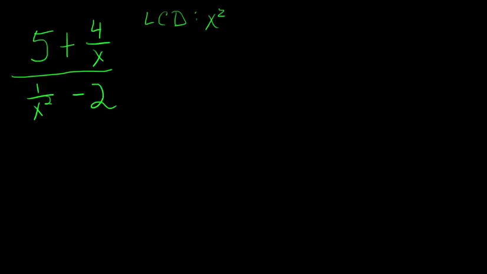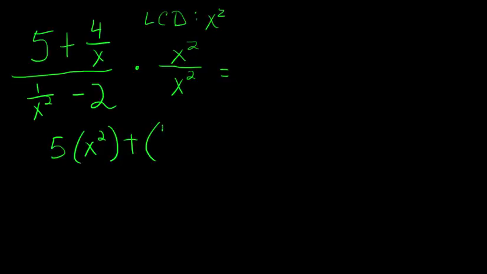What we are going to do then is multiply both the numerator and the denominator by x squared, and when I do this, I should clear those fractions out of both the numerator and denominator. So this is going to look like this. We're going to take 5 times the x squared plus 4 over x times the x squared, but for ease of canceling, I'm going to make that one an x squared over 1.